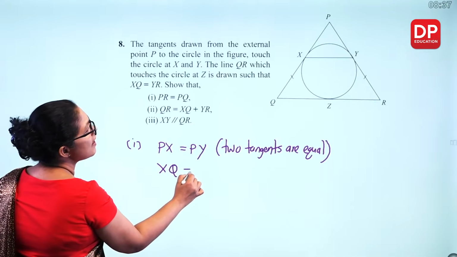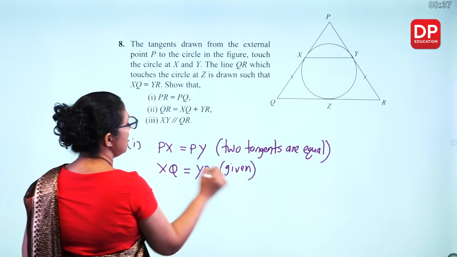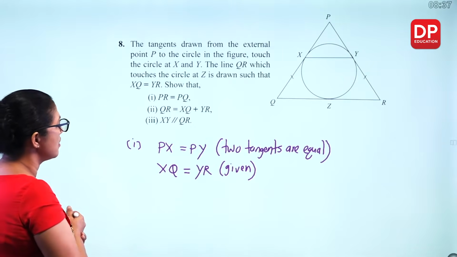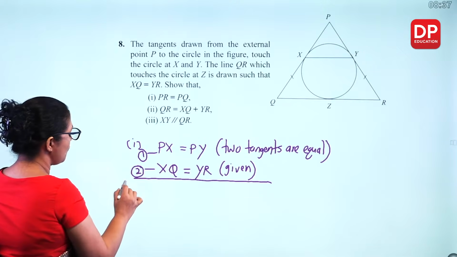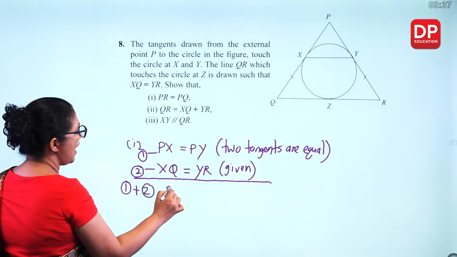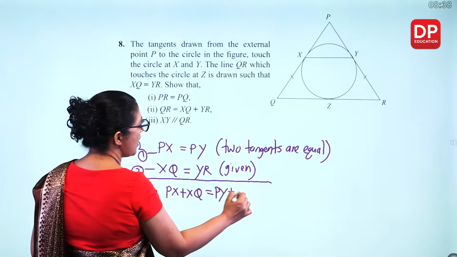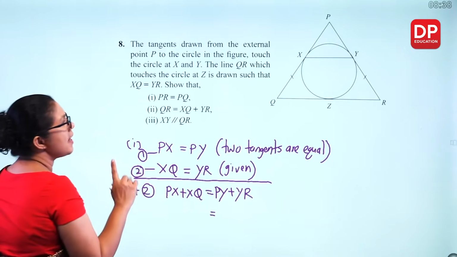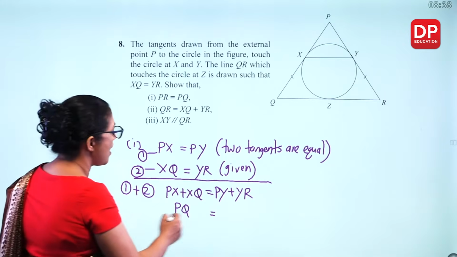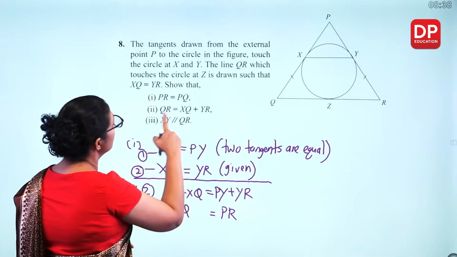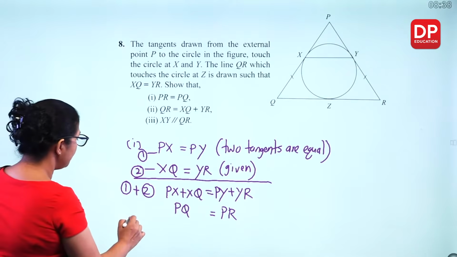XQ is equal to YR, given in the question. Now add these two. 1 plus 2: PX plus XQ equals PY plus YR. What do you get? PX plus XQ is PQ. PY plus YR is PR. So PR equals PQ.